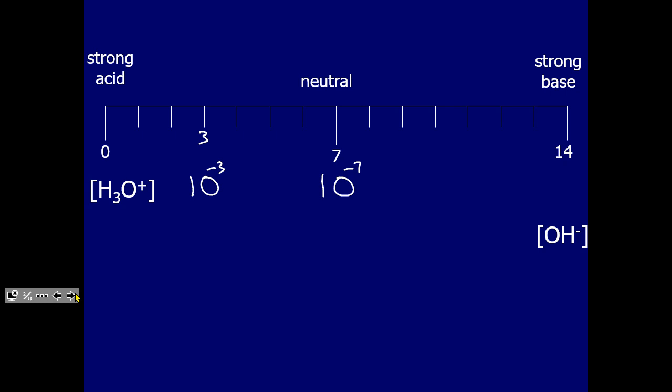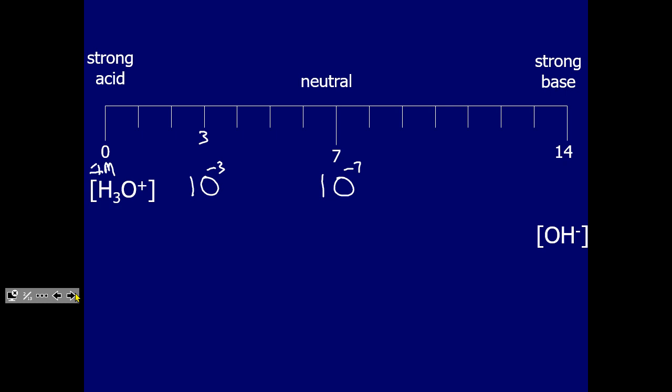Notice, again, we saw this yesterday. As we move towards a pH of 0, and we go from, say, 7 to 3, the concentration goes from 10 to the negative 7 to 10 to the negative 3, ultimately to a concentration of 1 mole per liter. The concentration of H3O plus goes up.